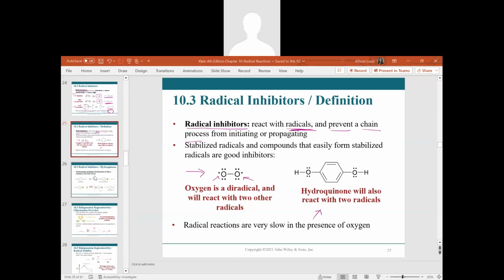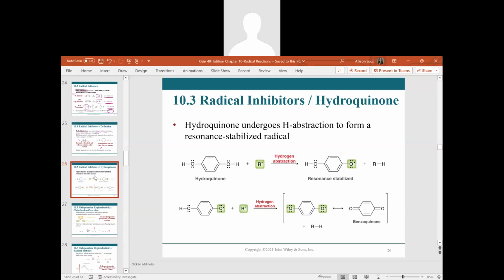So let's take a look here. This last slide shows us that mechanism of action. So hydroquinone, this species here that was mentioned that could be used as an inhibitor, encounters a radical here. And when that itself becomes a radical due to hydrogen abstraction, this electron from the bond and this electron form this RH species.